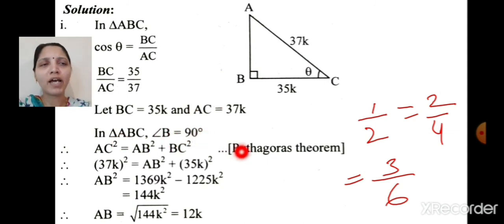Okay. Now in triangle ABC, angle B is of 90 degree. So you can apply here Pythagoras theorem. So AC value is 37K. So 37K square is equal to AB square plus BC is 35K, so 35K square.